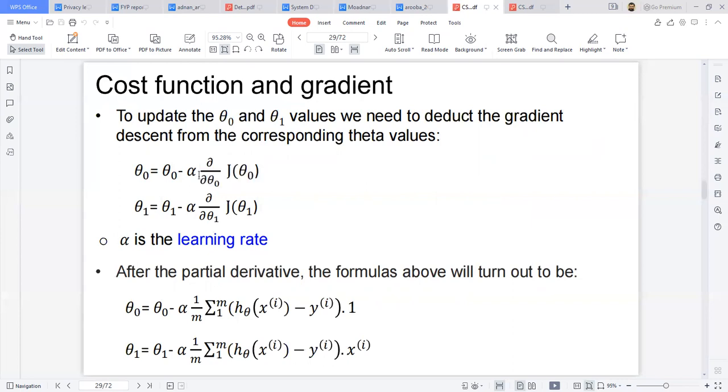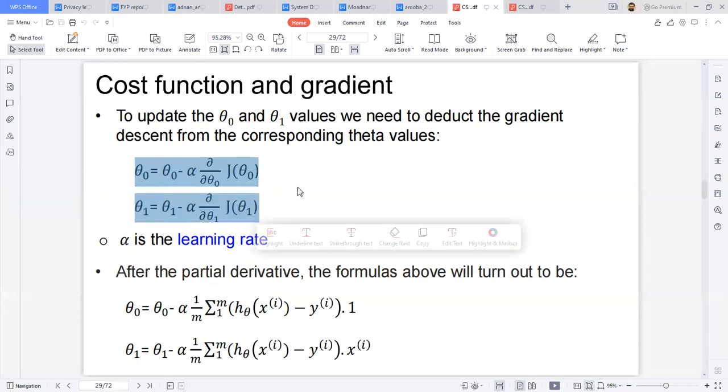We take the previous value, subtract this term, and get the new value. The same applies to theta 1: the previous value minus the learning rate times the partial derivative with respect to theta 1 gives the new value. This is the gradient descent formula, simple.